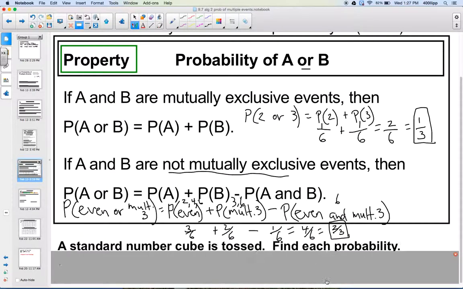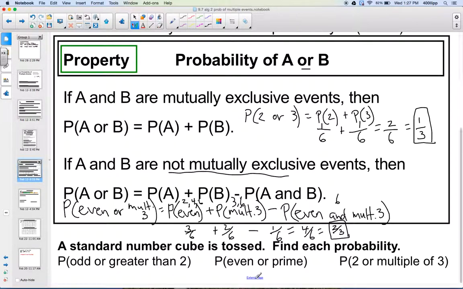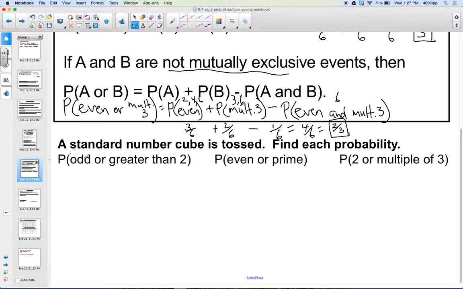Alright, so moving on here, we can do one more of those: the probability of an odd or greater than 2. We first want to see, is it mutually exclusive or not? Can we have an odd and a number greater than 2 on the same roll?